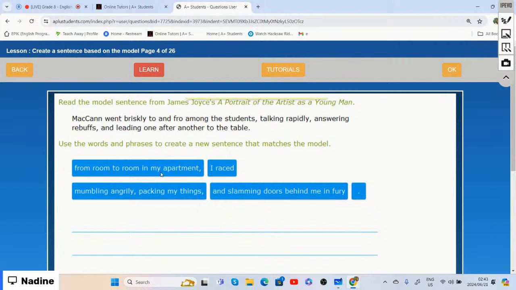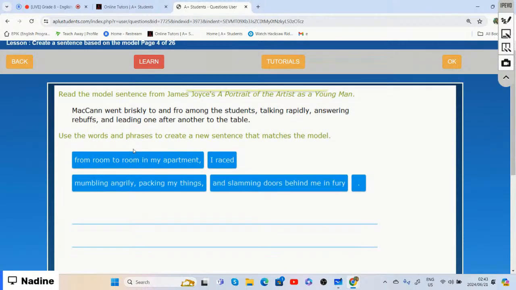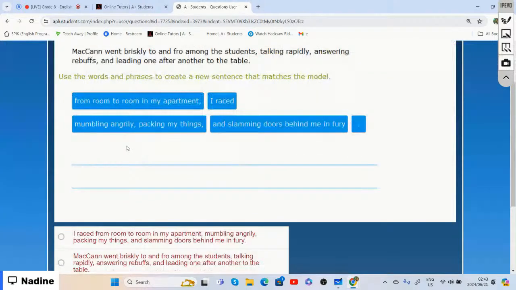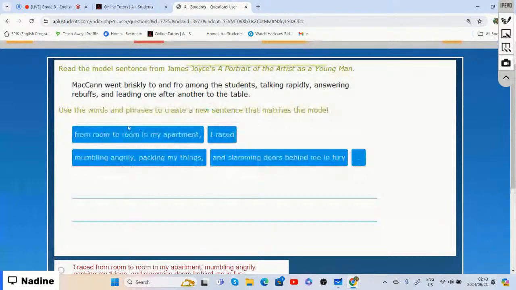If you look at this sentence that we created here, both of these two people are quite angry, right? So both of them are angry, both of them are moving from one place to another, expressing how they feel, the anger, the fury, right? That is basically what these two sentences are about.